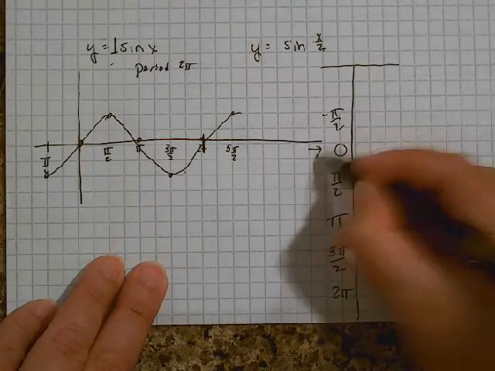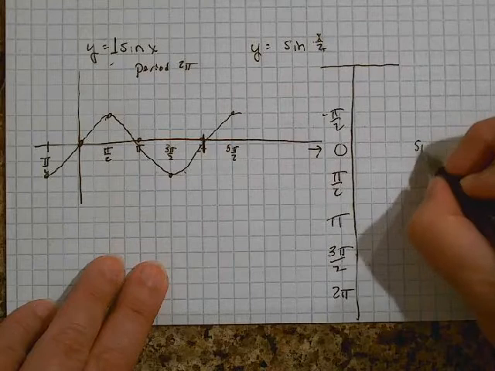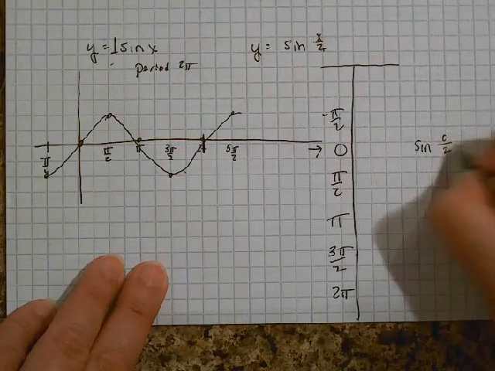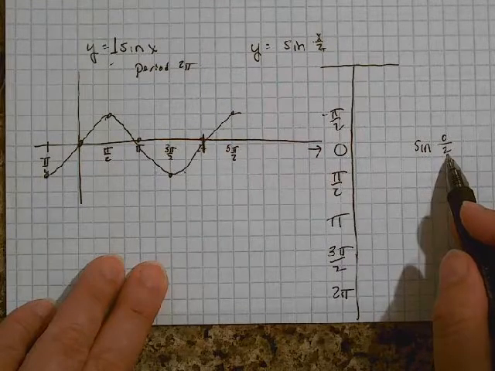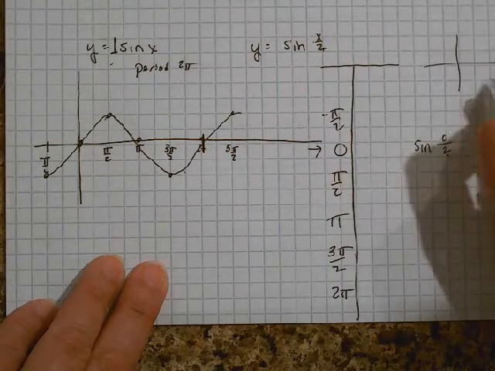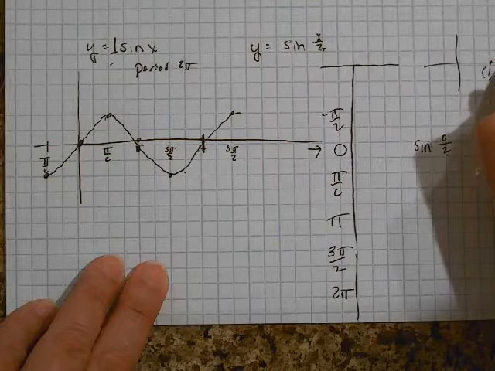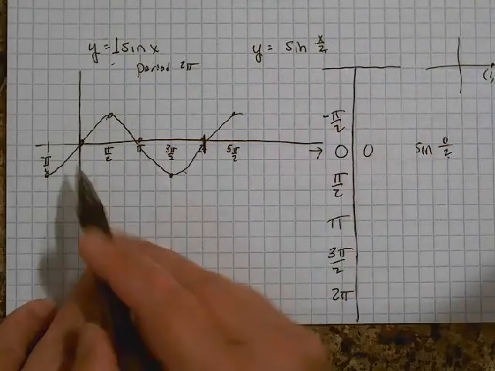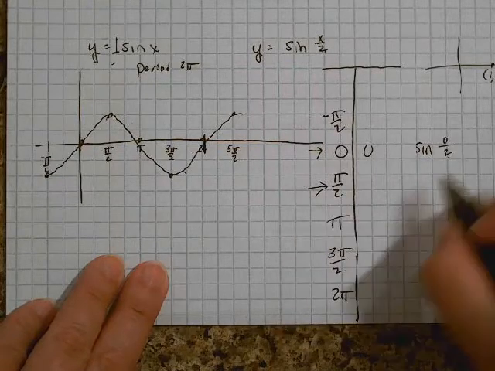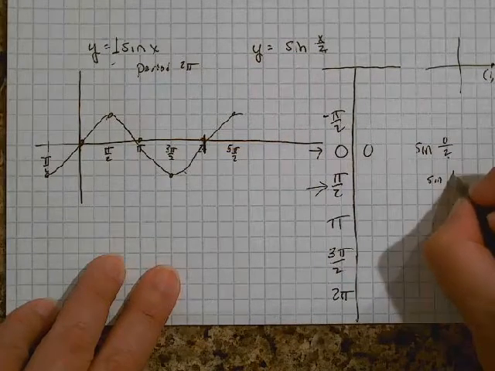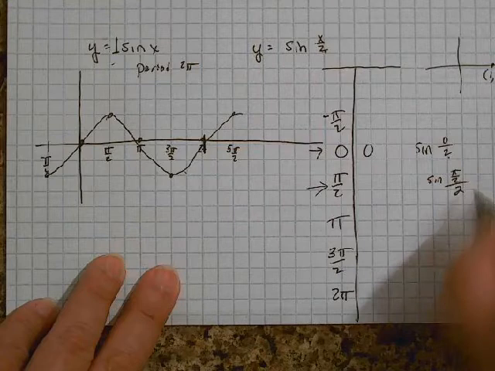So let's think about this. Let's start with 0. If I have sine of 0 divided by 2, 0 divided by 2 is 0. And if you look at the unit circle at 0, sine is 0. So that point's going to stay the same. Let's think about pi over 2. So I'm going to do sine of pi over 2 over 2.